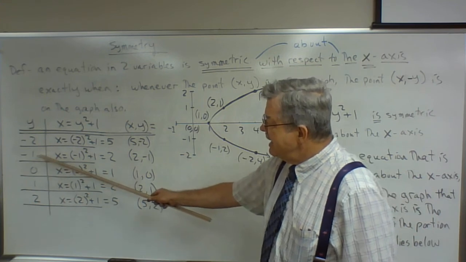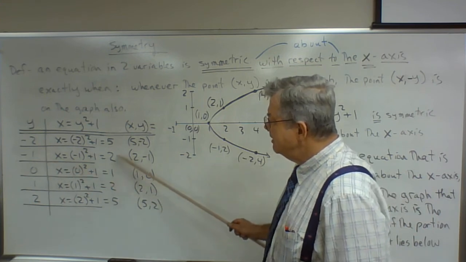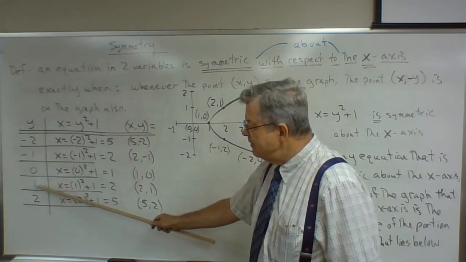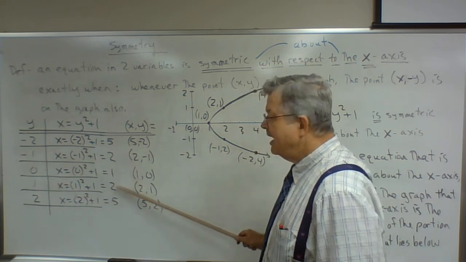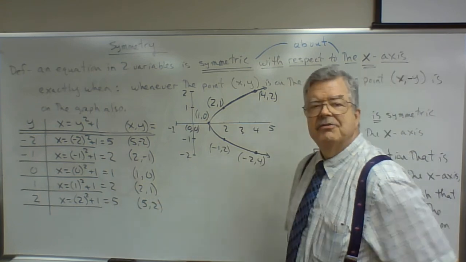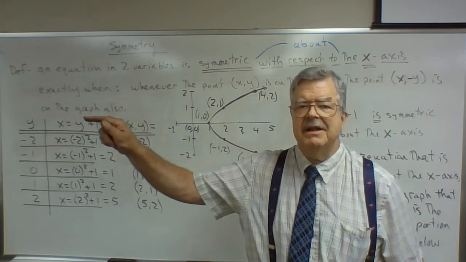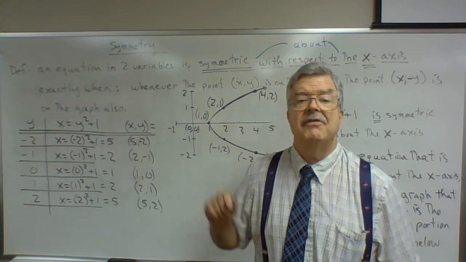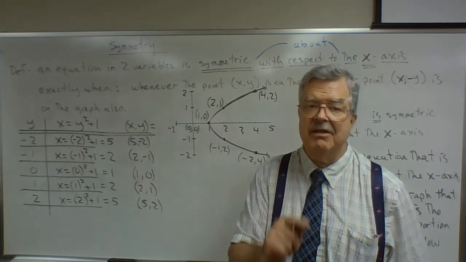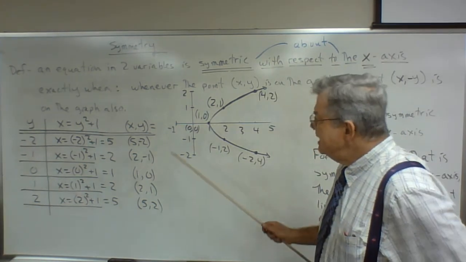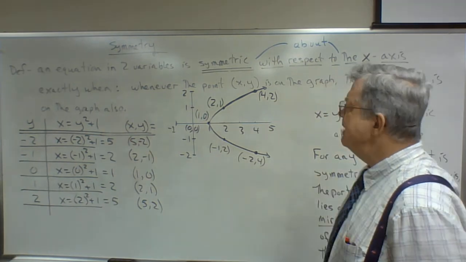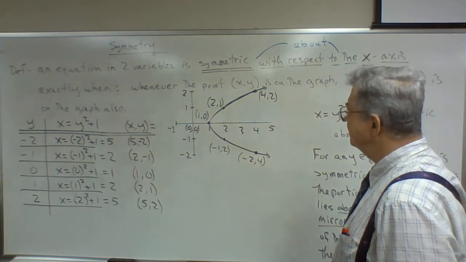When I plug in negative 1 for y, I get 2 for x. When I plug in positive 1 for y, I get 2 for x, the same value. So if I take y and plug it in, I get this value of x. If I take negative y and plug it in, I get the same value of x. That means that the graph of this equation is going to be symmetric about the x-axis.